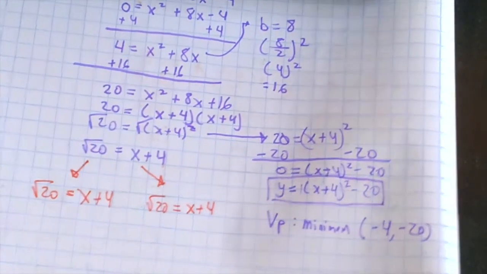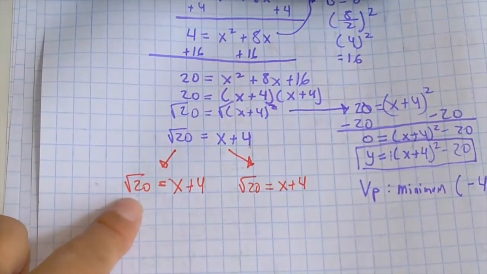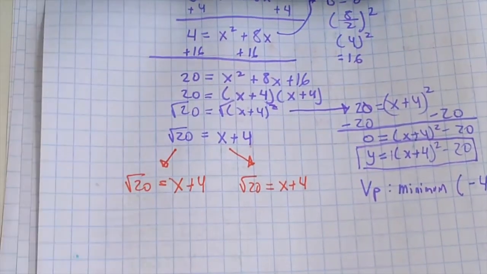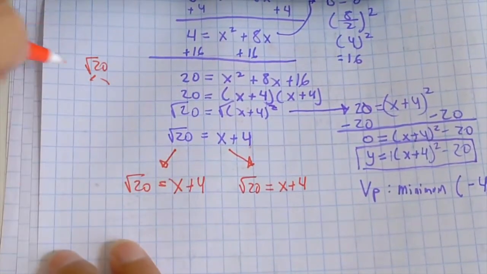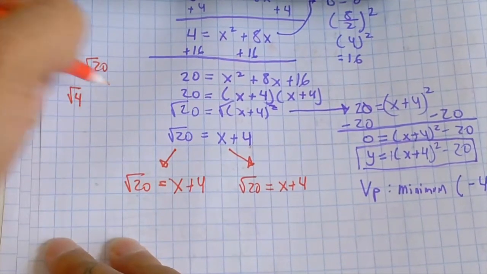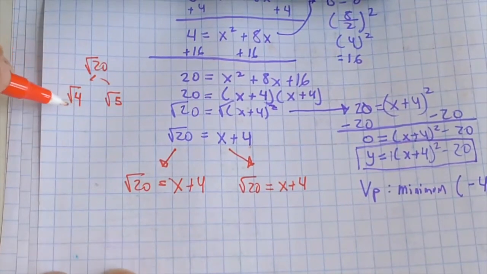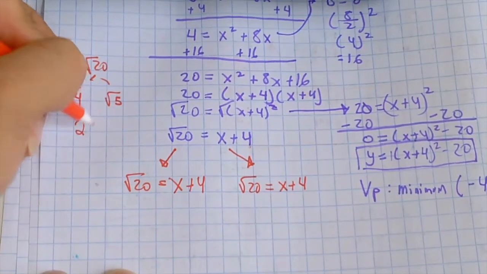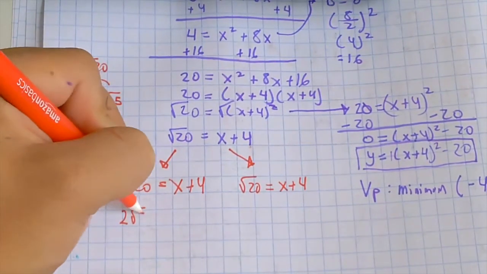On this side, we need to simplify this value because it's not a perfect square. 20 is a composite value that has a factor of a perfect square, which is 4, and square root of 5. And just like we learned before, we always want a perfect square being multiplied by a prime number. So when we simplify, we have 2 square root of 5, and we just substitute that value in for square root of 20.